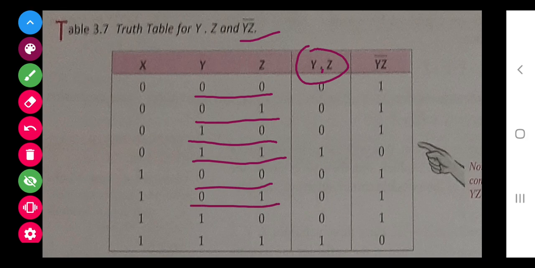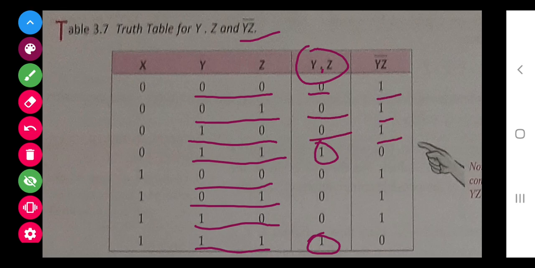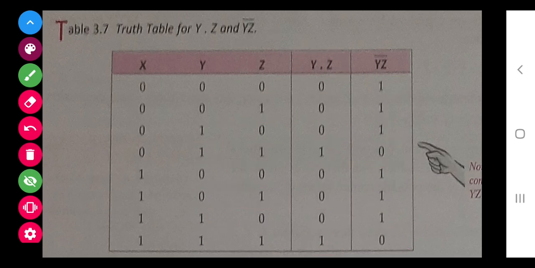This will be 0, 0, 0, 1, because both are 1. Now what we have to get is the not of it. Not means just the opposite. 0 gives 1, 0 gives 1, 0 gives 1, 1 gives 0, 0 gives 1, 0 gives 1, 0 gives 1, 1 gives 0. In this way class, we have to proceed.